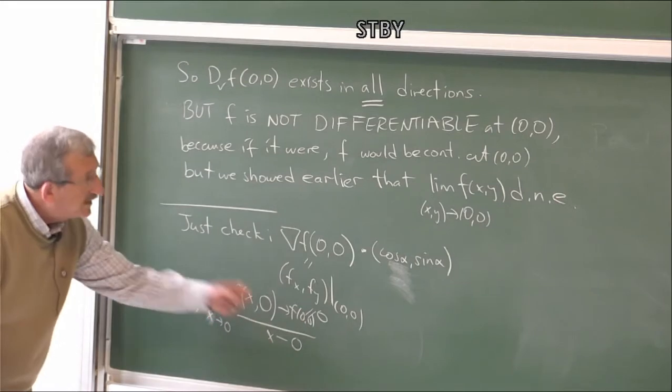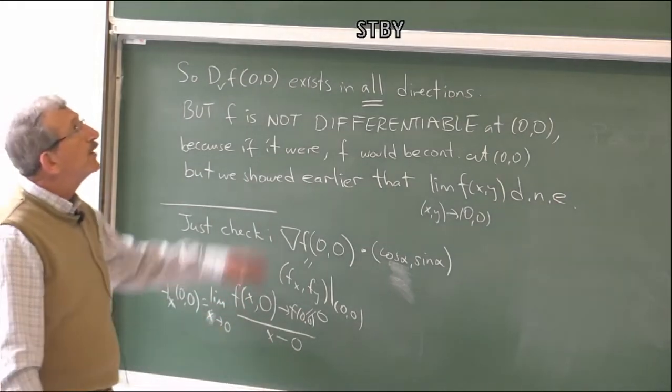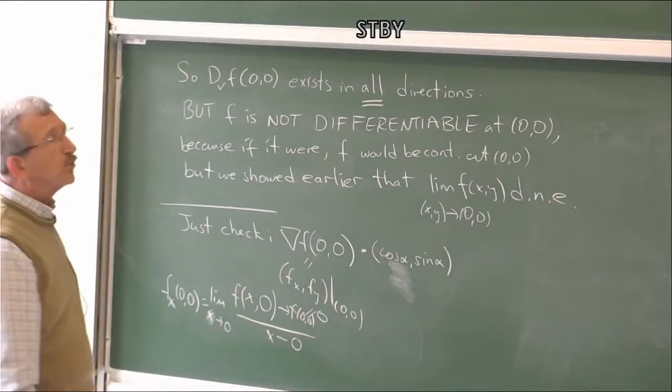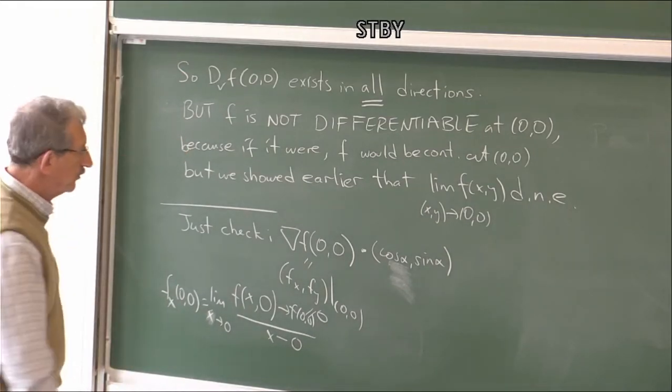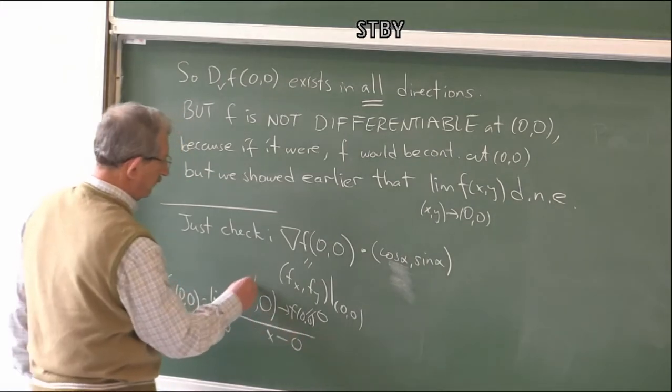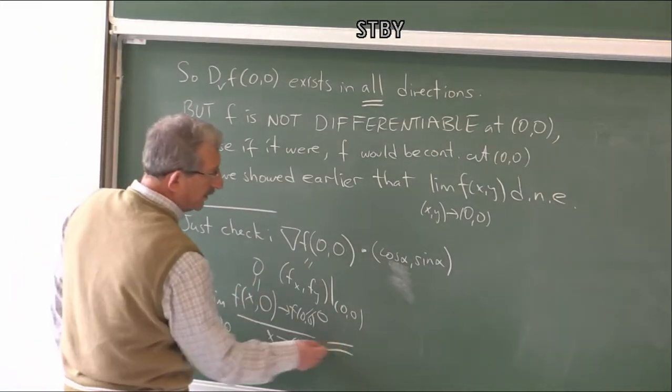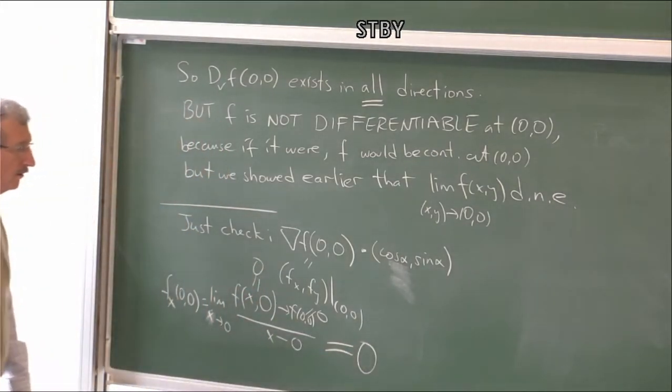What is f(x, 0)? If you look at the function, you have y squared at the top. x is not 0, but y is. So this is directly 0, which means that this limit is 0.